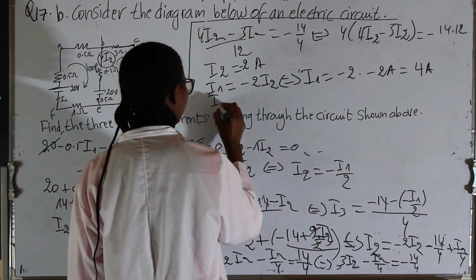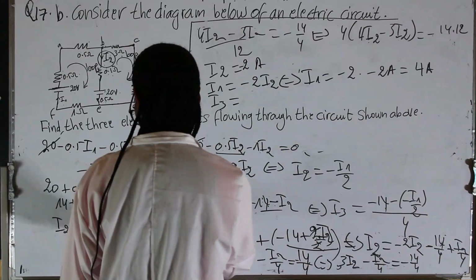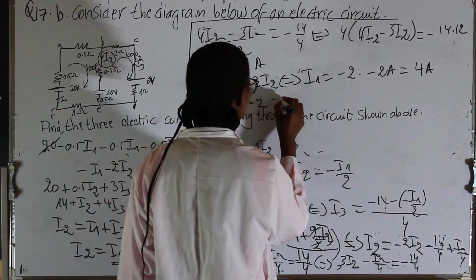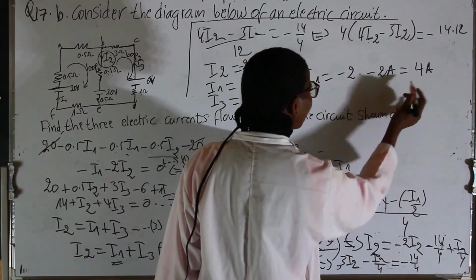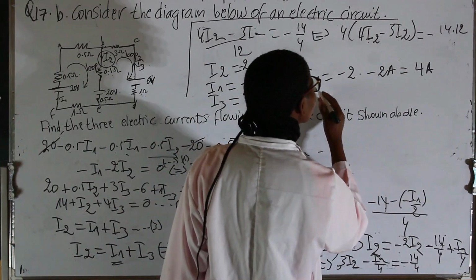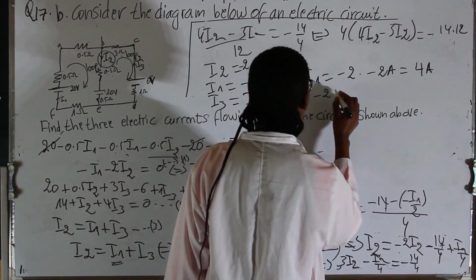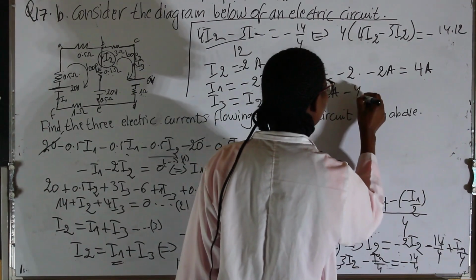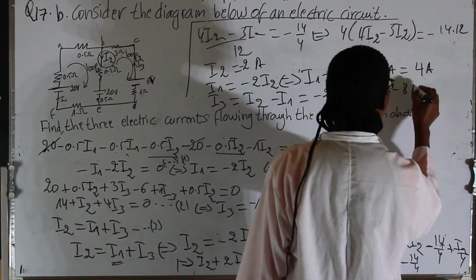Then I3 will be equal to I2 minus I1, which will be equal to I2 minus 2A minus 4A. This is equal to minus 8 ampere.